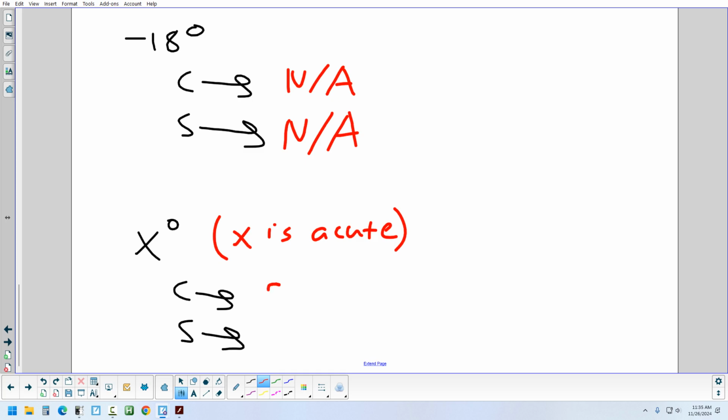So the complement is 90 minus x, and you're guaranteed x is not bigger than 90, so you will not get a negative. That's good. And what about the supplement? 180 minus x. And whatever that comes out to, we put a degree symbol on it. Okay. Any questions on complements or supplements?